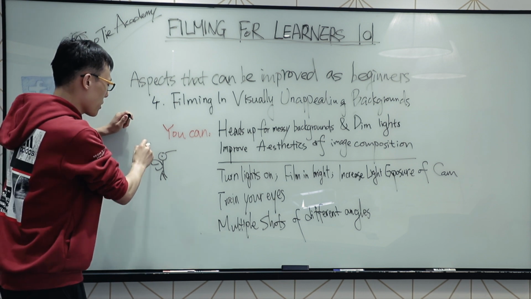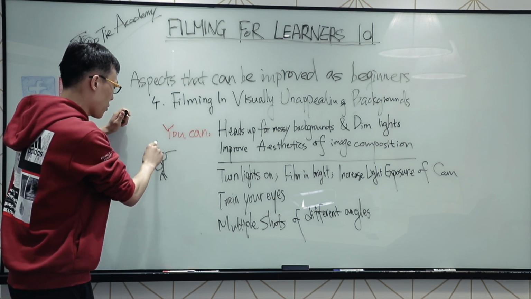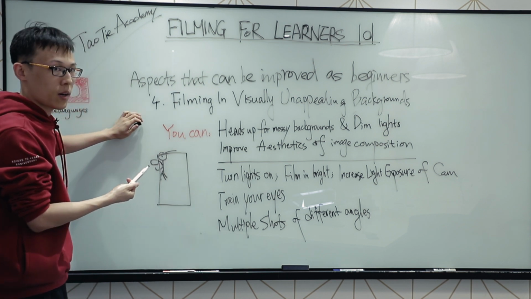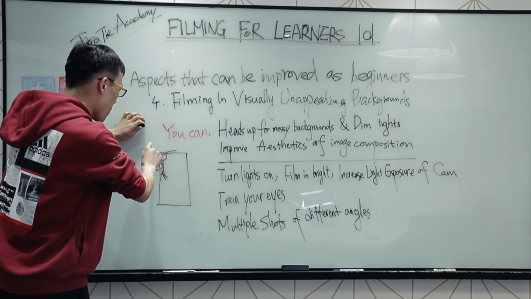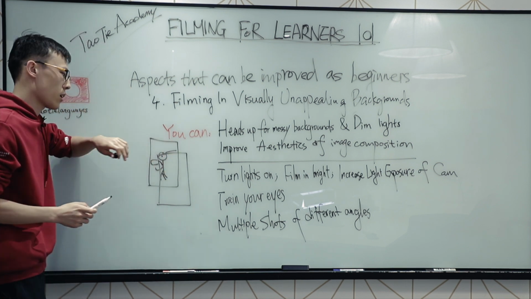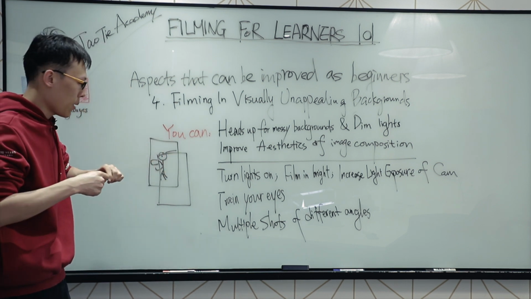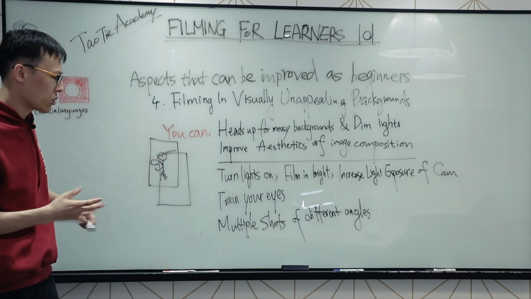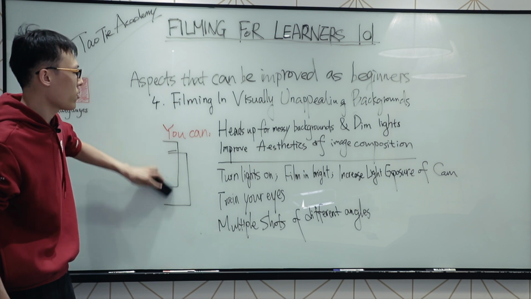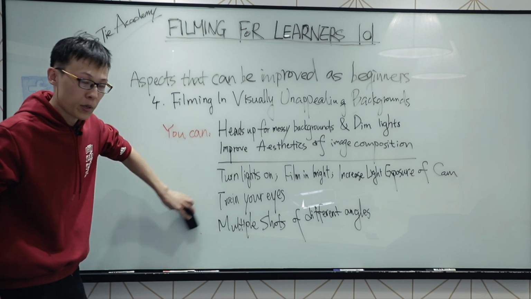And your camera just films something like this. It's bad composition, right? But a better way to do it is to make it at the center of your frame. There are also other ways to film it. You can check out the tutorial videos we've posted on our Facebook.